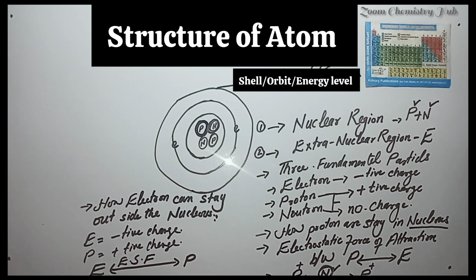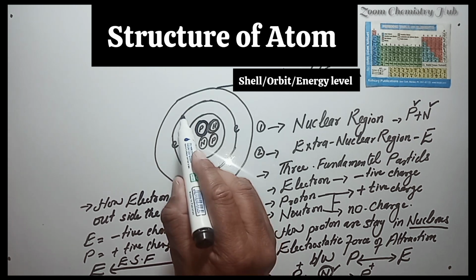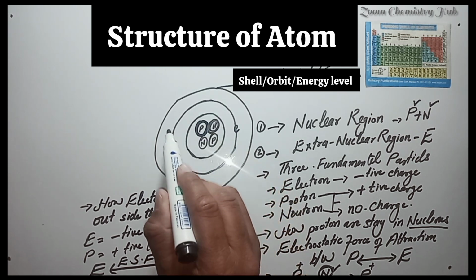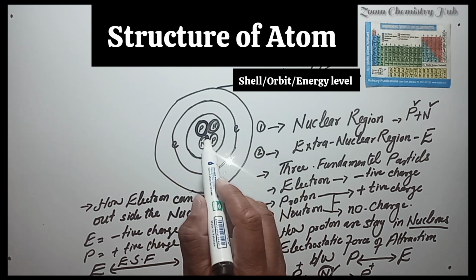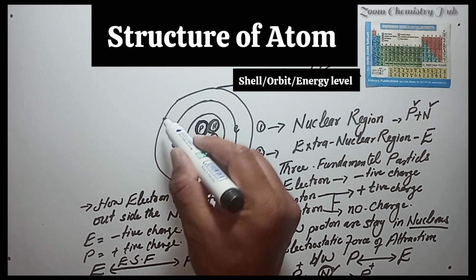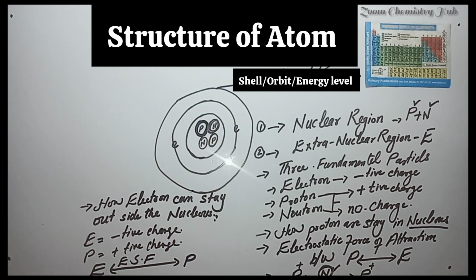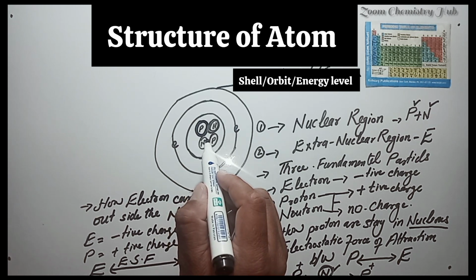In this way, the electrons can revolve around the nucleus and they do not go away outside the atom, nor do they fall into the nucleus.